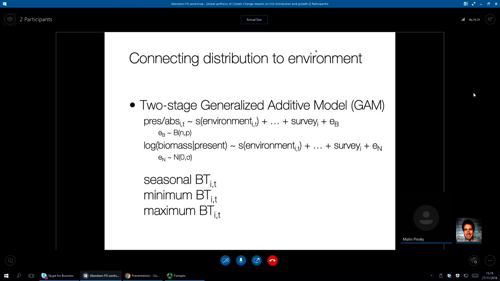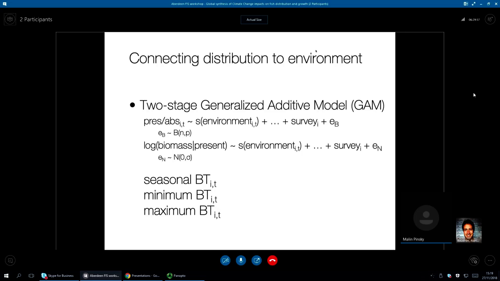In terms of the environmental factors that we've been looking at so far, we've been looking at bottom temperature in a given location, and minimum bottom temperature for a given location over the past year. So we've used oceanographic reanalysis products to reconstruct not only the temperature at a given place, but also what the temperature was in each month previously.